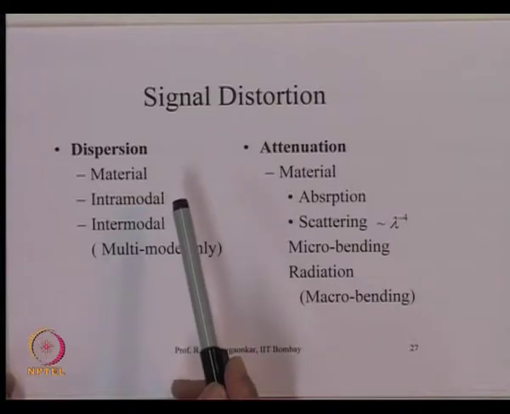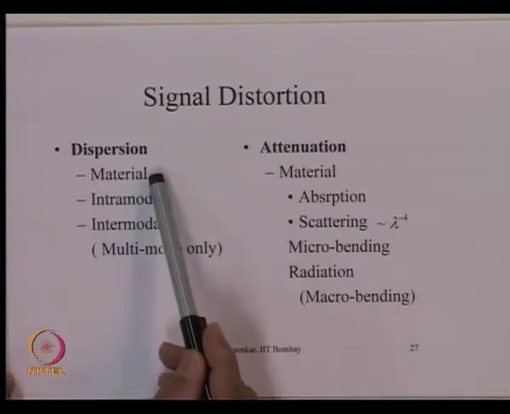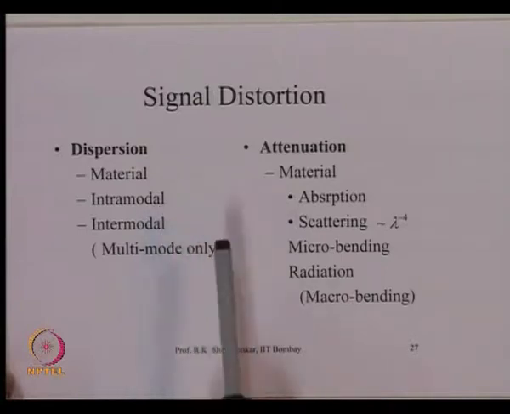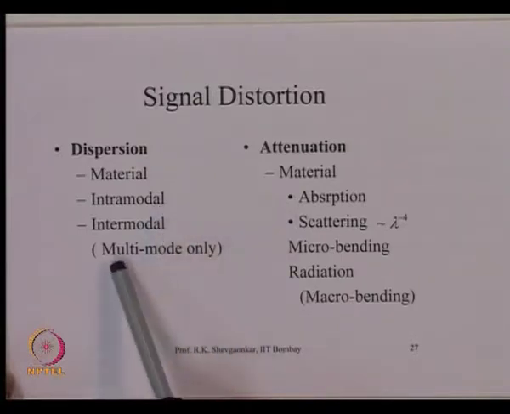If you take a single mode fiber, then obviously this phenomenon is not there. However, because of the finite bandwidth of the signal, as we saw, even the carrier itself has a finite bandwidth, there would be dispersion, and we will understand this little more as we proceed further. So in general, inside an optical fiber, we have three types of dispersion: the material dispersion, the intramodal dispersion, and the intermodal dispersion, which is same as the multimode propagation or multiple ray propagation.